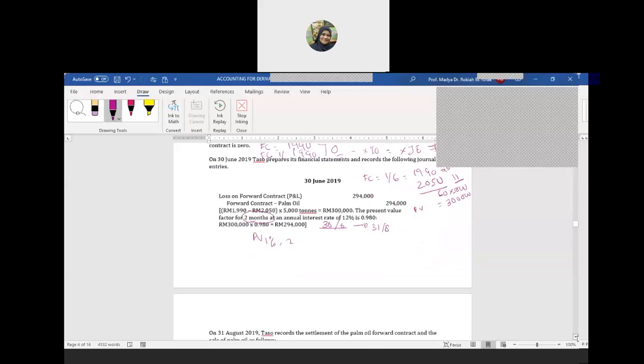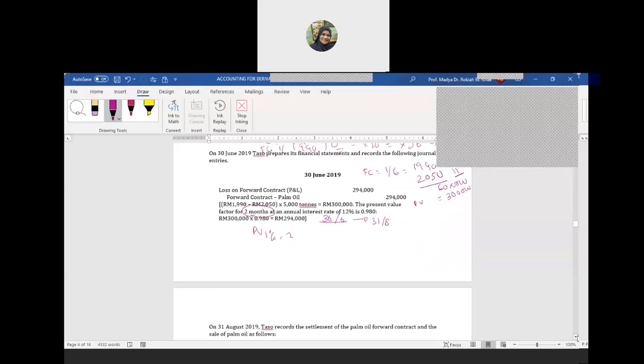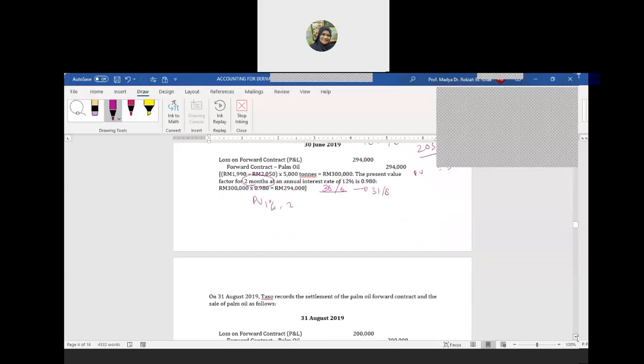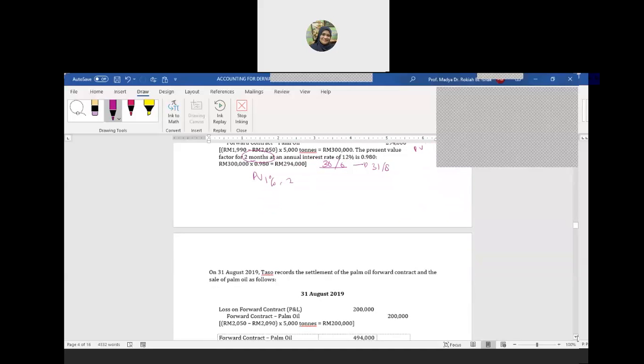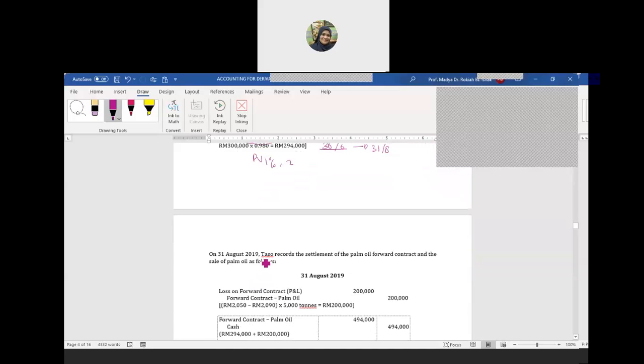Then on 31st of August, they report the settlement of the palm oil forward contract and the sales of the palm oil. On 31st of August, the value becomes 2090. The increase is a difference of 40. 40 times 5,000 gives 200.